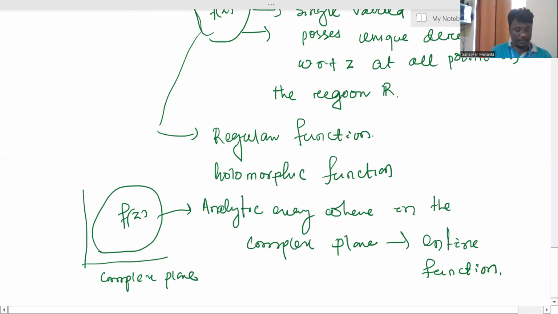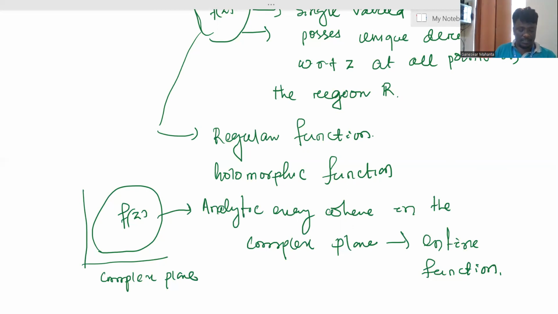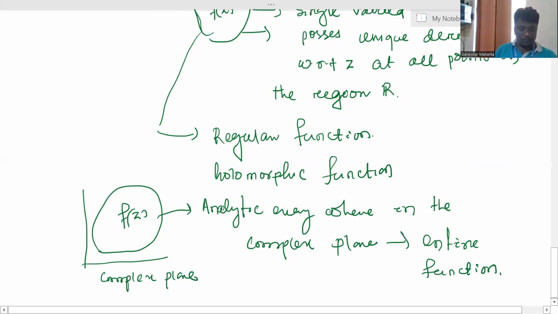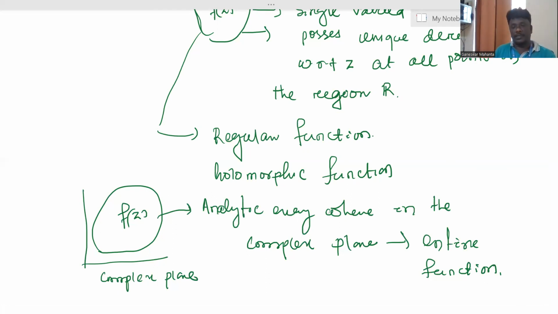As the derivative of a polynomial exists at every point, a polynomial of any degree is an entire function.